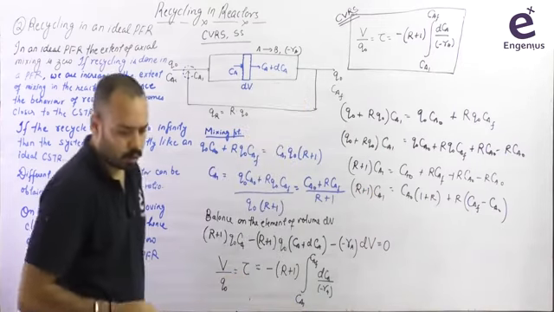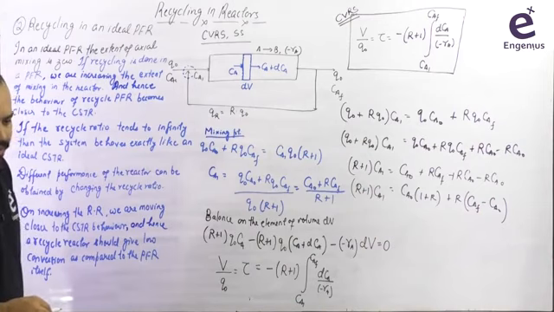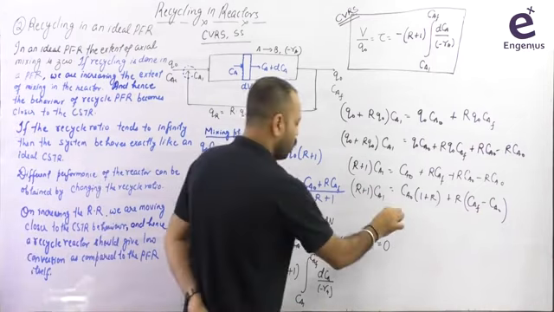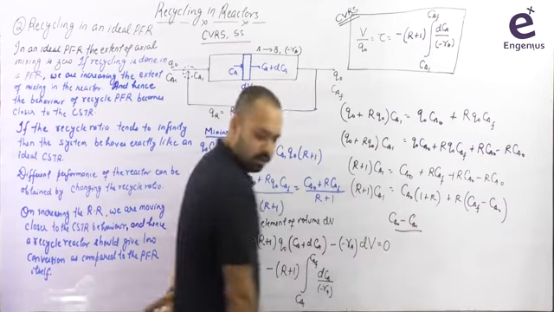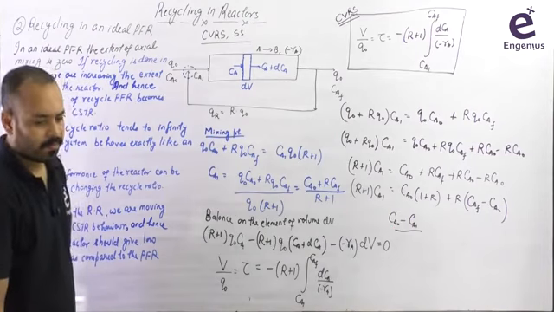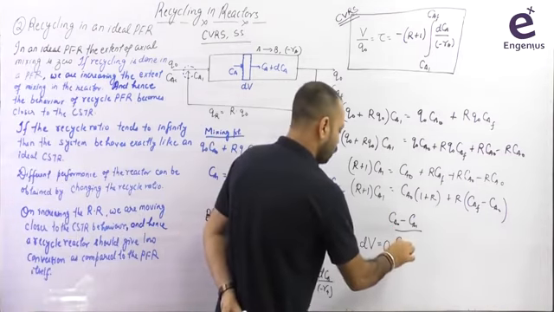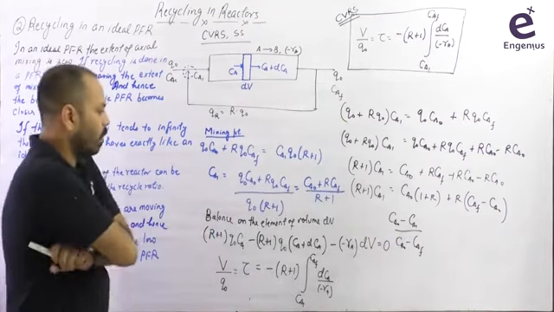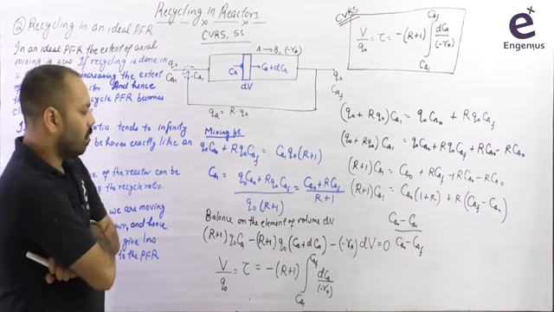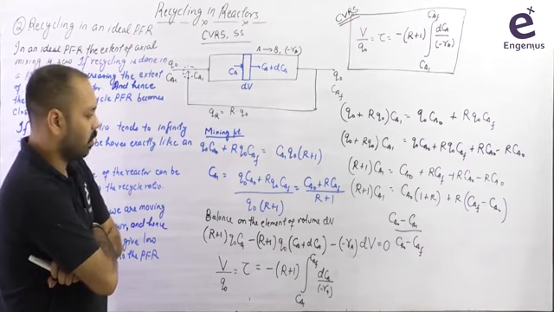From here, I am going to get a relation that CA naught minus CA1 divided by CA naught minus CAF. This relation, what is this? CA naught minus CA1, that is okay, and divided by CA naught minus CAF.